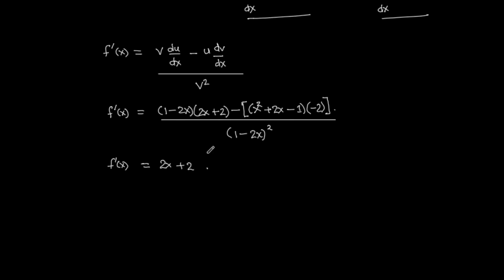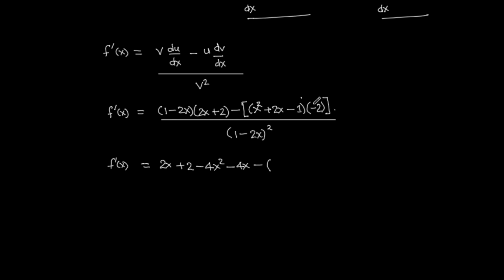2x times 2x, we get negative 4x squared. Then negative 2x times positive 2, we get negative 4x. Then coming to this side, we have our negative. Then we can use a bracket here as we simplify by opening up this bracket, multiplying by negative 2.